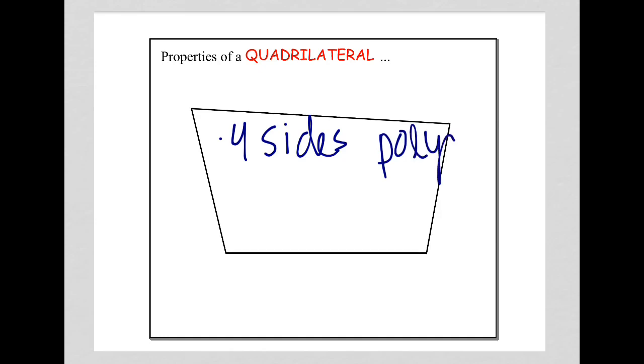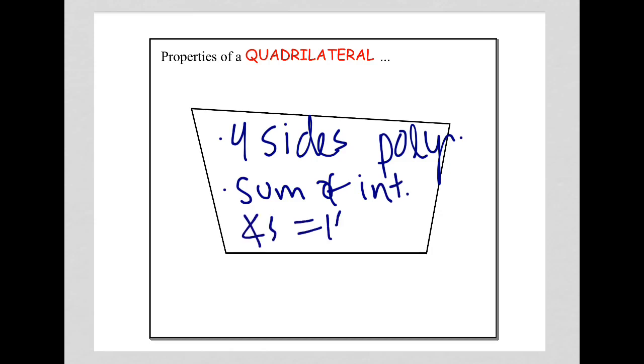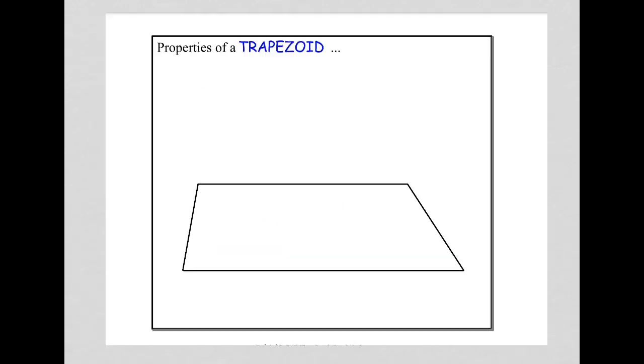Next is that the sum of their interior angles equals 360 degrees. Meaning if I add up this angle plus this angle plus this angle plus this angle, it'll get me 360 degrees total.